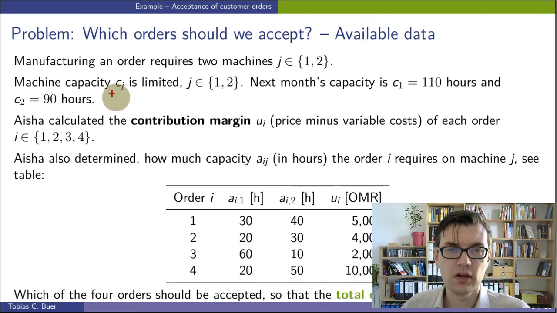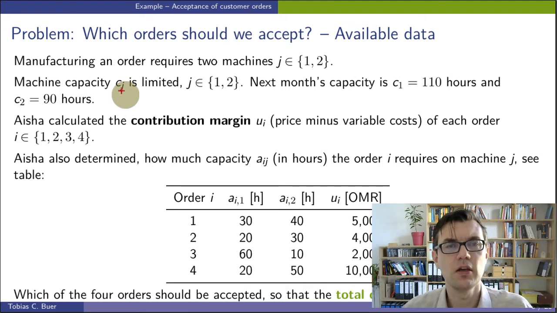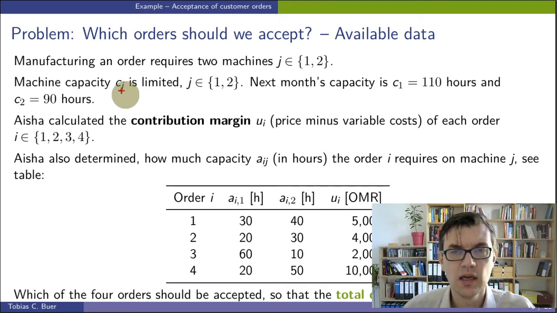The capacity of a machine is indicated by the parameter Cj, C with the subscript J, and the capacity is limited. We write Cj, meaning the capacity of any machine, and J can have the values 1 or 2, representing the 2 machines that we introduced.